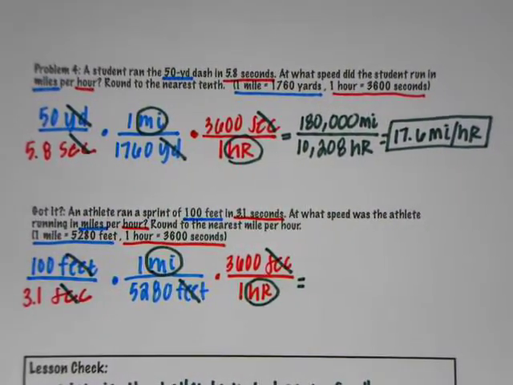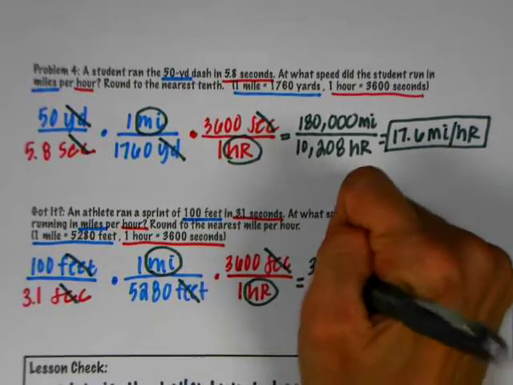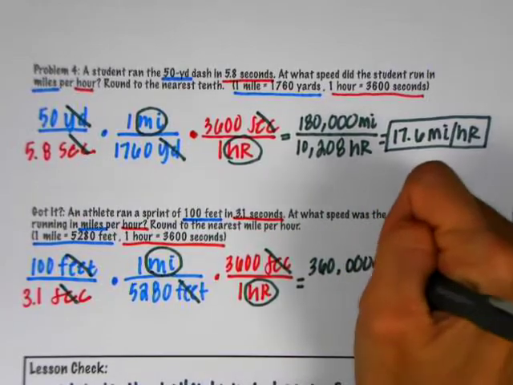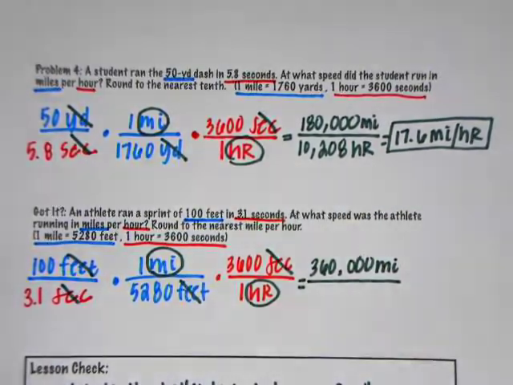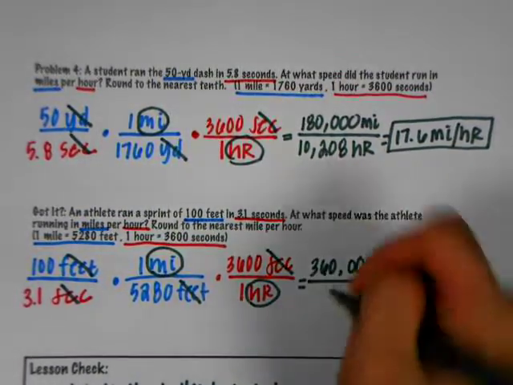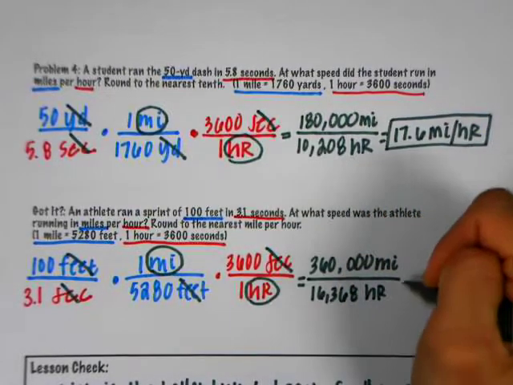All right, so now multiply the whole top together. So was that just 360,000? Yeah. And that's miles. On the bottom, 16,368. 16,368 hours.